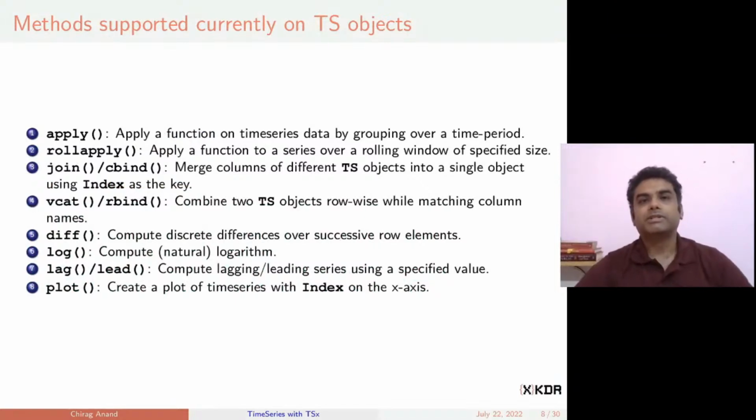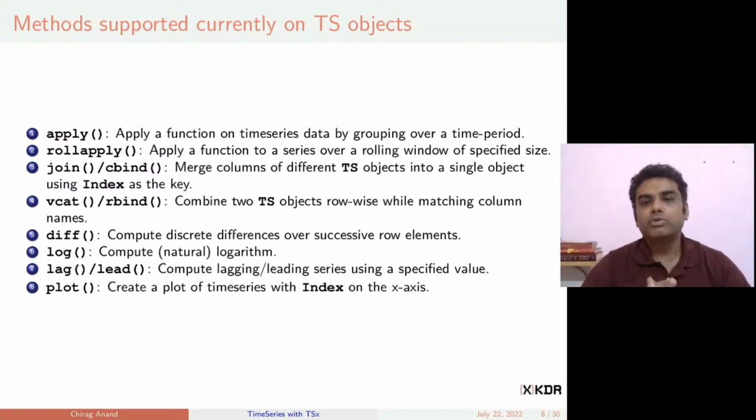So these are some of the methods which are currently supported on TS objects. Because this is a new package, there is very basic functionality available, but it works. We have the apply function, which can be used to apply a function on your data, and which can be grouped over a time period.